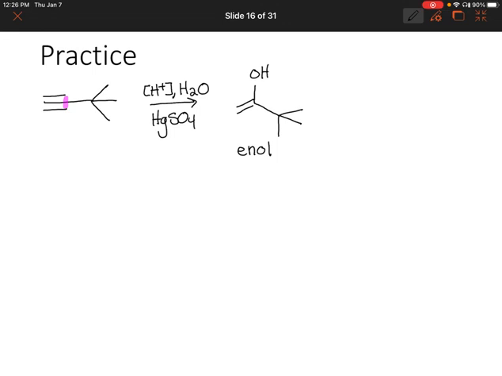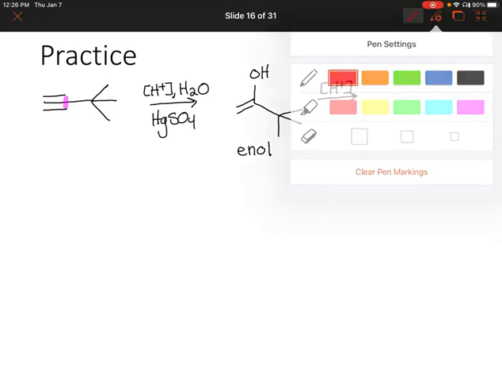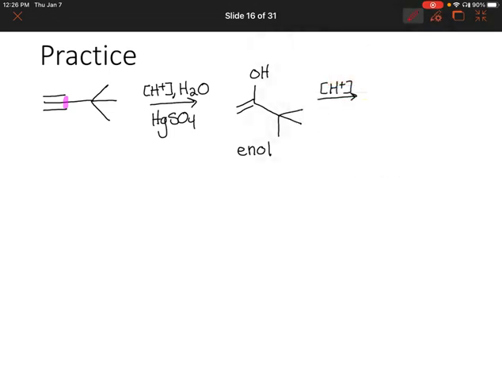Okay, and then we're going to grab onto an acidic hydrogen, so a proton. And the alkene is what's going to grab onto that hydrogen. And the hydrogen, which side is it going to add to? Is it going to add to the more substituted carbon or the less substituted carbon?